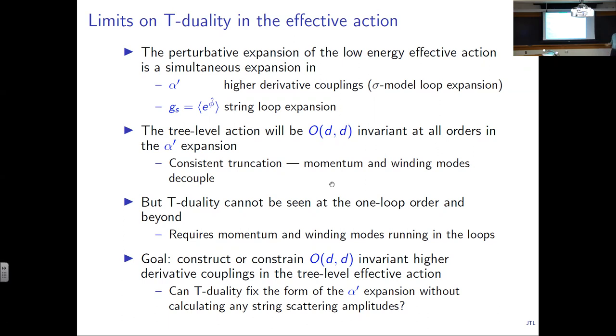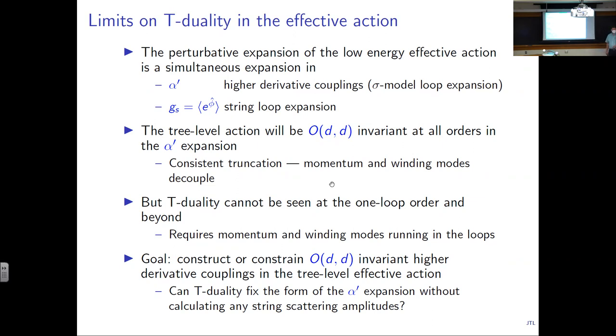So typically you say you don't see T-duality in the effective Lagrangian, except for the tree level effective Lagrangian. I've also been involved in calculating one loop R to the 4 corrections and things like that, constraining one loop H squared R cubed and so on. Well, I'd like to do that, but I cannot use T-duality for that. For T-duality, it's the tree level terms that we can look at.